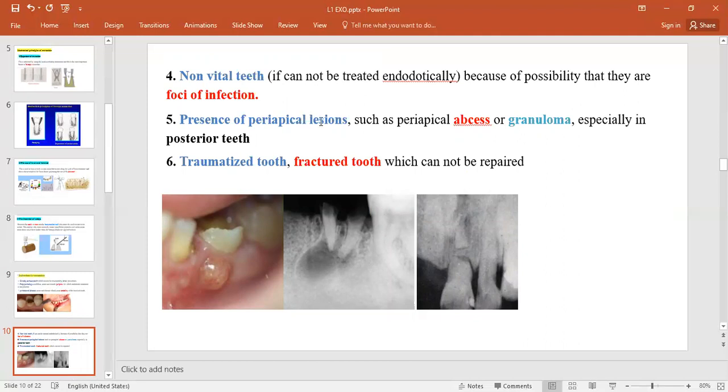Presence of periapical lesion, such as periapical abscess, as you see here. If there is periapical abscess or granuloma, especially in the posterior teeth, we must extract the tooth. Traumatized tooth: if we have a fractured tooth in the cervical part, or other area, and the tooth is mobile, in this way we must extract the tooth.